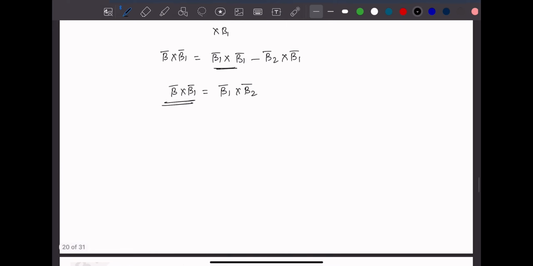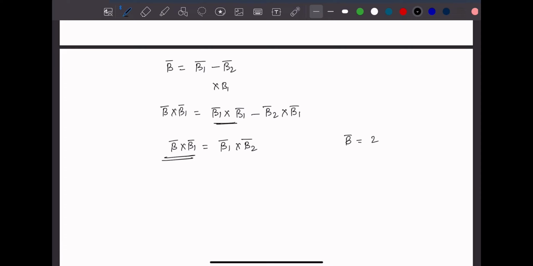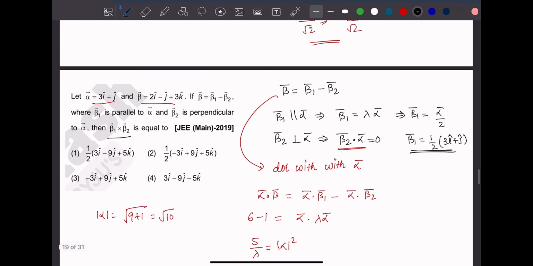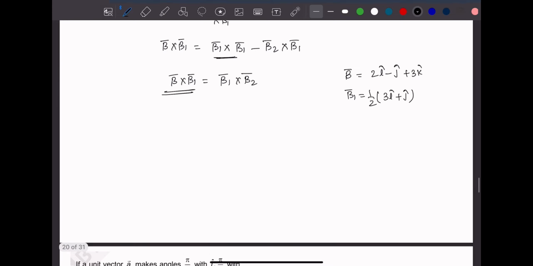For that, beta vector is given in the question, that is 2 i cap minus j cap plus 3 k cap, and beta 1 vector we got as alpha vector divided by 2, that is half times 3 i cap plus j cap. So if I take cross, I'll get i cap, j cap, k cap; 2, minus 1, 3; 3, 1, 0; and half outside.